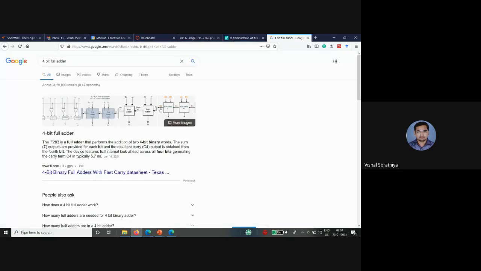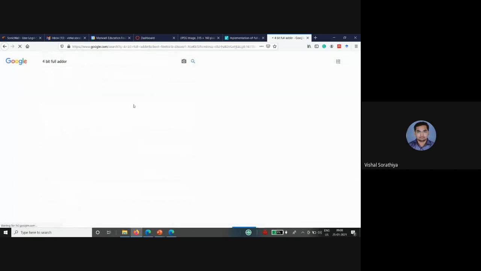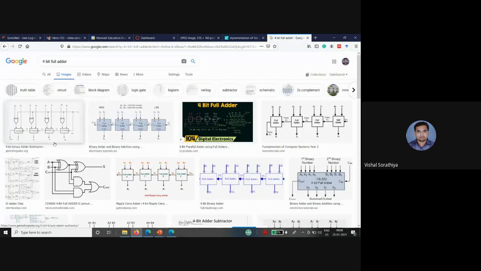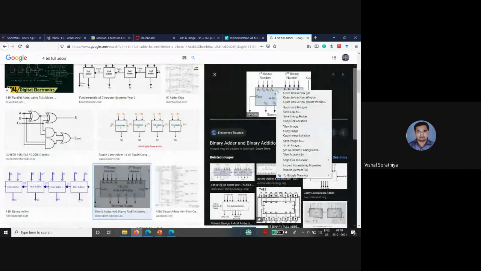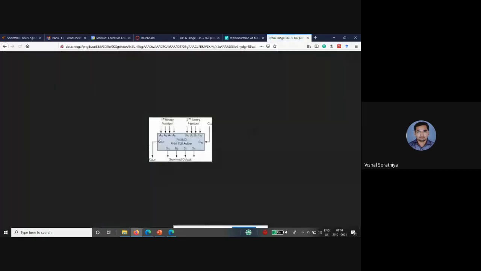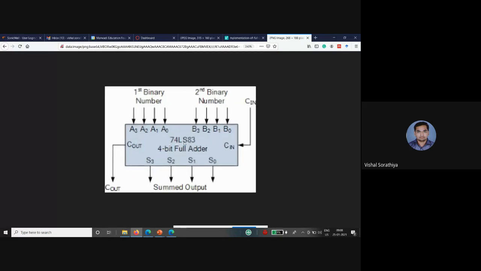The third possible answer is a 4-bit full adder. If you search the internet, 4-bit full adder circuits are also available, which will look like this, let me show you. Yes, which will look like this also. This is a block diagram of the IC named 74LS83.